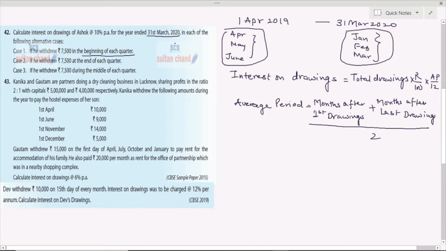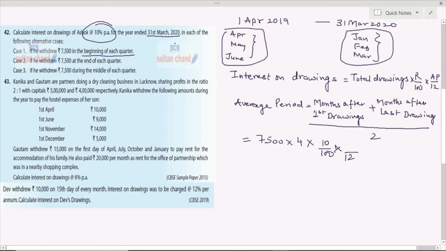So interest on drawings will be total drawings: 7,500 he has withdrawn for each quarter, and there are 4 quarters, so I'm multiplying by 4, multiplied by rate by 100. The rate of interest is given as 10% in this question, multiplied by average period upon 12.